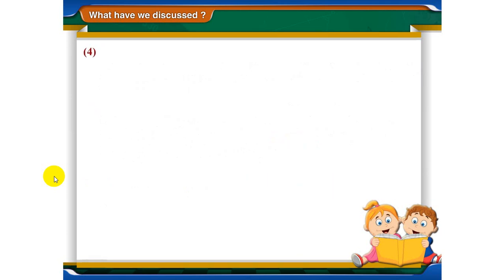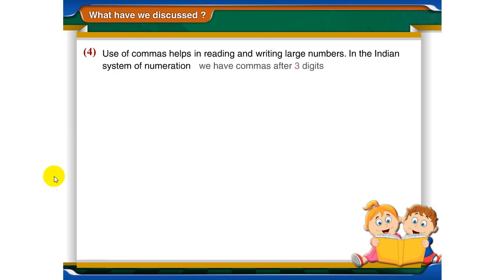4. Use of commas helps in reading and writing large numbers. In the Indian system of numeration, we have commas after 3 digits starting from the right and thereafter every 2 digits.